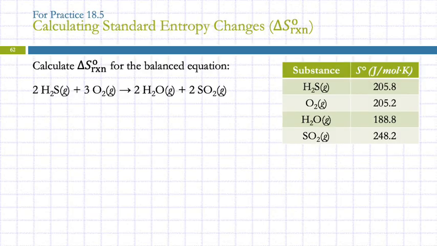So let's calculate standard delta S for this equation. What we want to do is the final things minus the initial things. So delta S is going to be 2 moles times the entropy for water in the gas state, 188.8 joules per mole Kelvin.